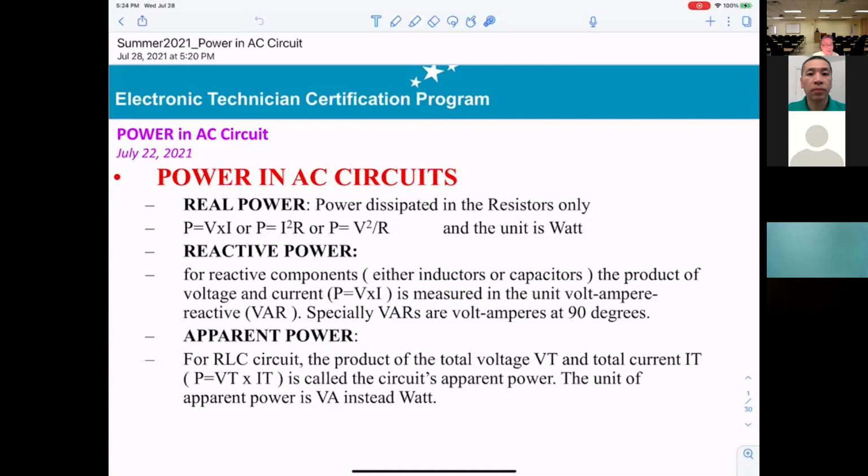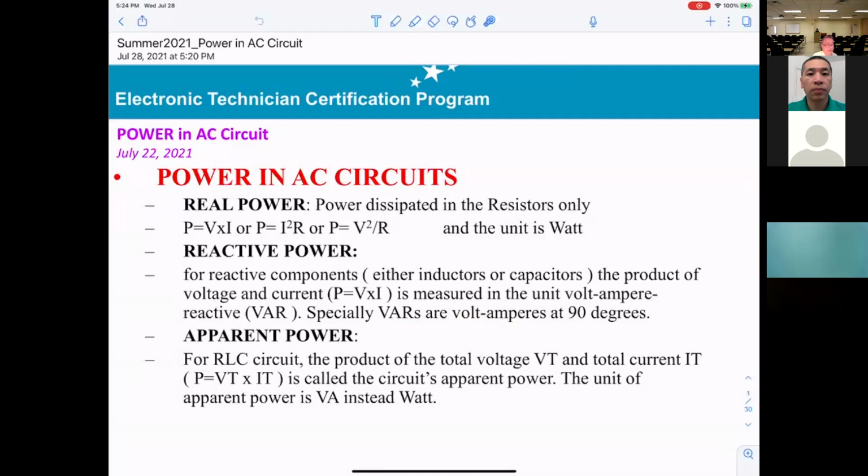And for the capacitor circuitry, the current leads the voltage by 90 degrees. Or in the inductive, the voltage will be leading the current by 90 degrees. So that's why they say VAR, that the voltage and ampere at 90 degrees are different.